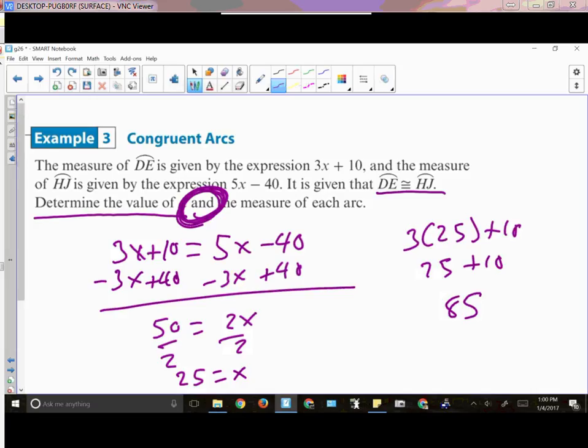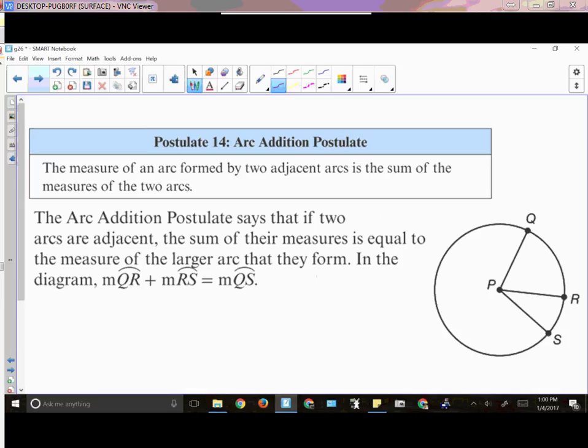Does this mean it's the same thing? What is 5 times 25 minus 40? Wasn't that 125 minus 40? So that would be 85, correct? So they actually are. But please make sure that you answer the question.